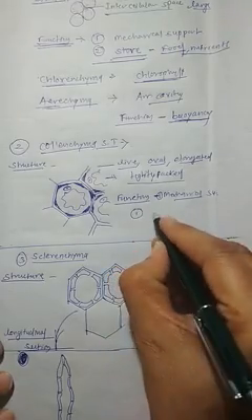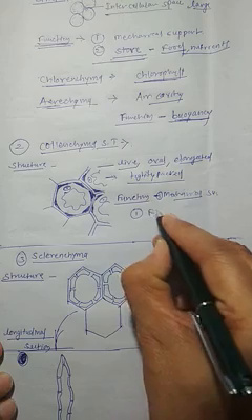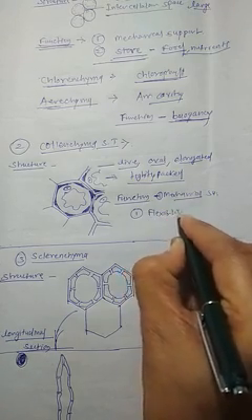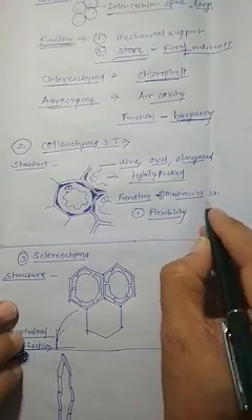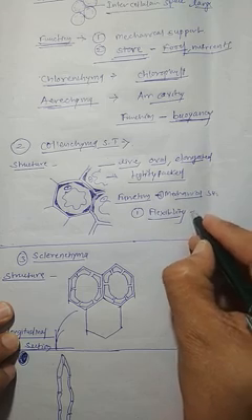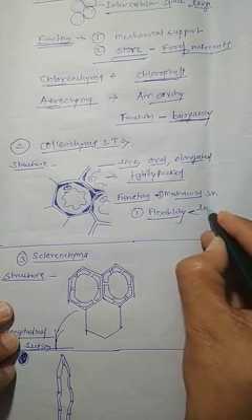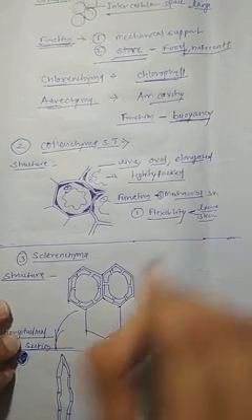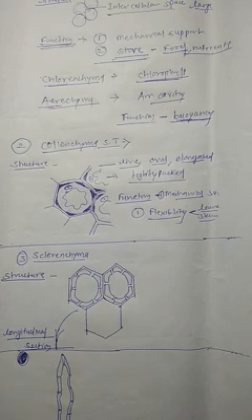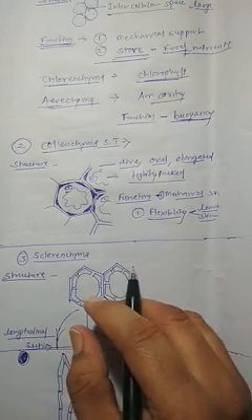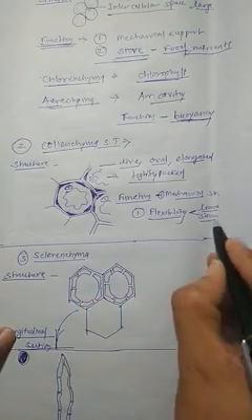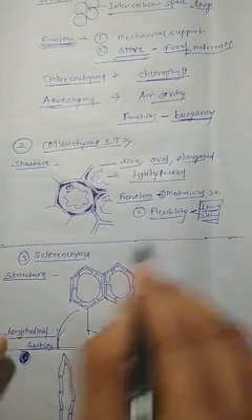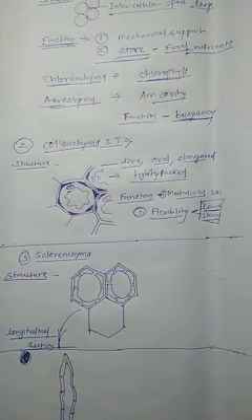Collenchyma gives flexibility to the plant, mostly leaves and stems. They can bend without breaking, only with the help of collenchyma.